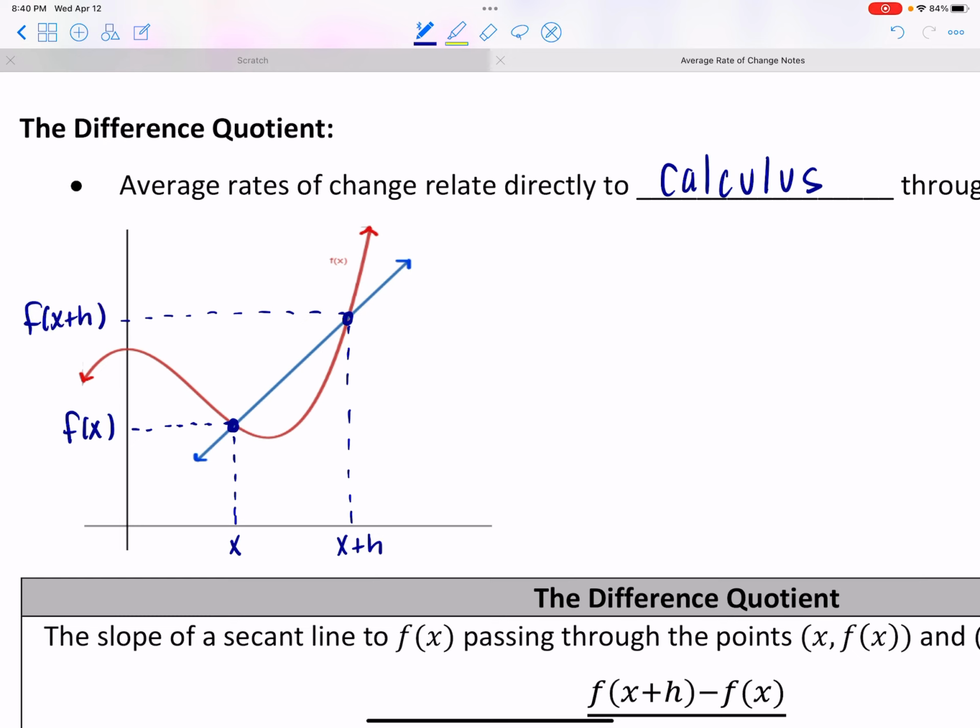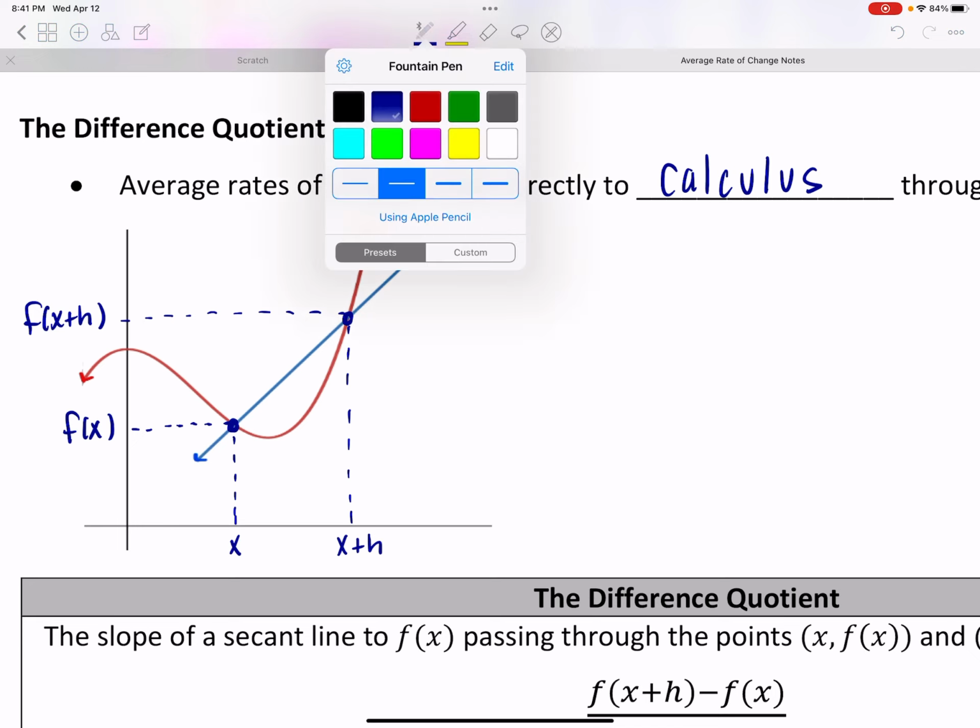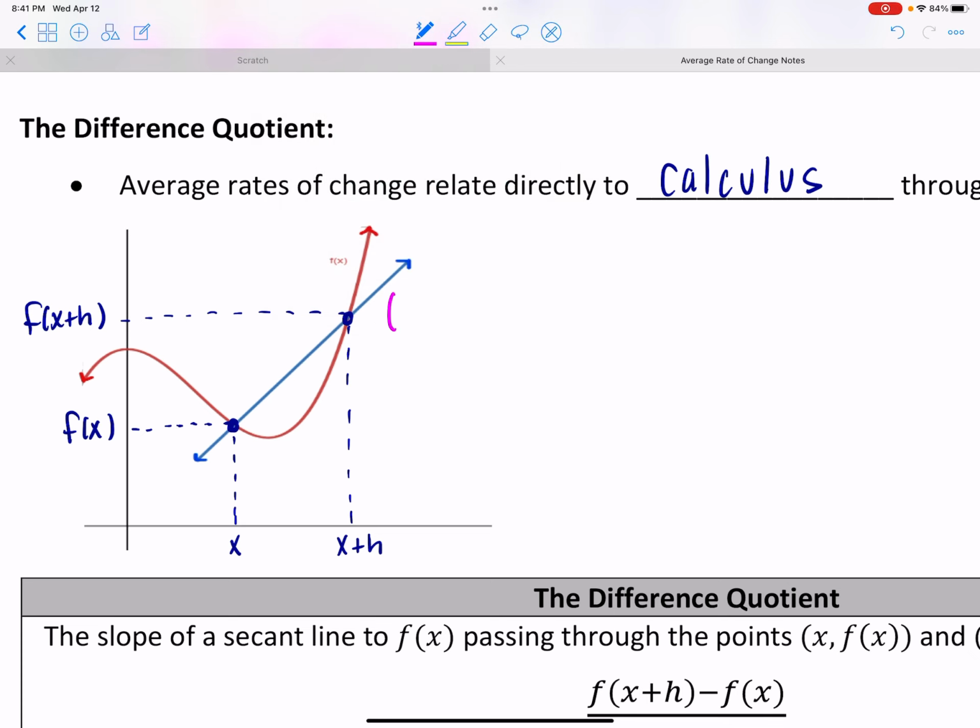So if I wanted to find the slope using these 2 points, technically the coordinates here would be x plus h, that's my input, comma, f of x plus h, that's my output, and my coordinates here would be x, that's my input, and f of x, that's my output.